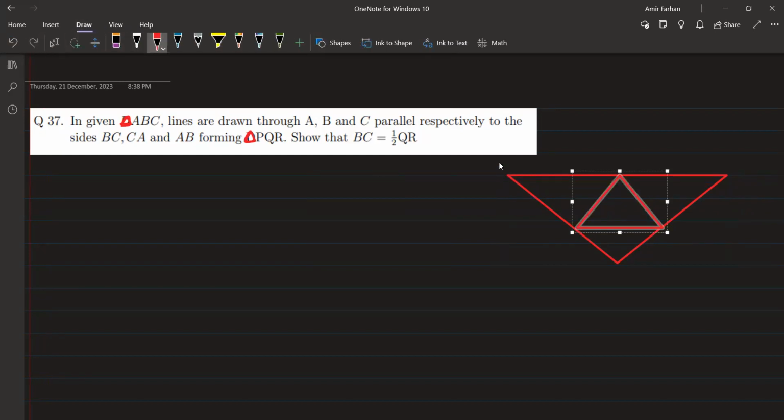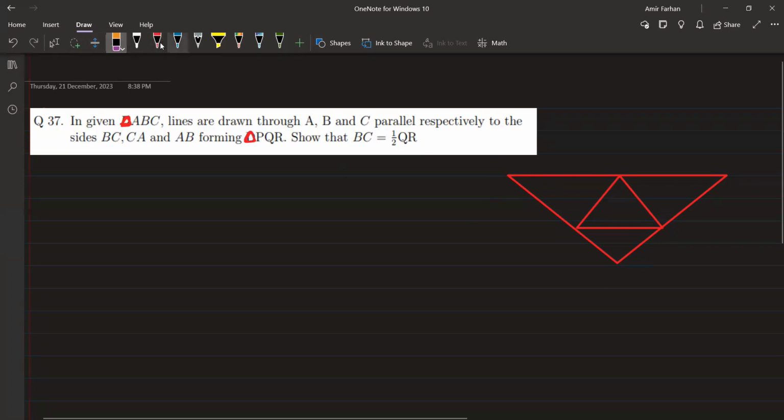Yes. So basically ABC is a triangle. Lines are drawn through the points A, B and C parallel respectively to BC, CA and AB. When we draw the lines, a triangle will be formed, which is PQR. Clear?